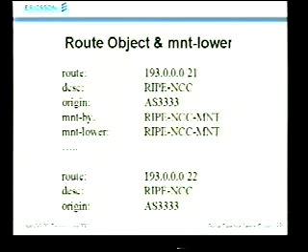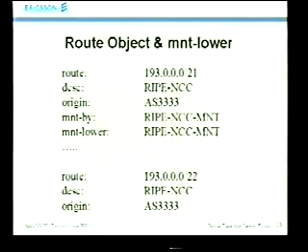If you have a route object and mnt-lower, what I have here is this route object. I want to create a more specific one, so I look at this mnt-lower here. I'm going to say a bit more about route objects. But with mnt-lower, if I have the key to this maintainer, I can create this route object.